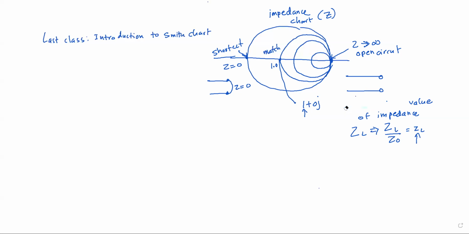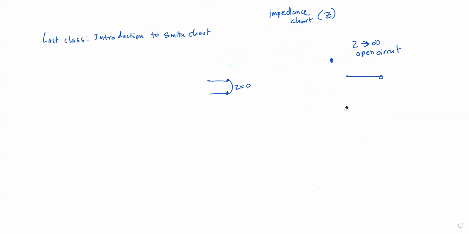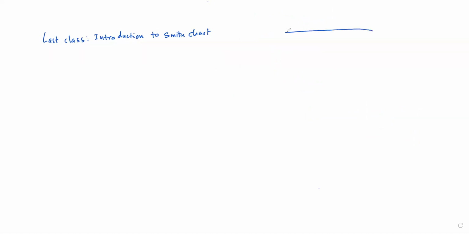Once we have very complex loads, sometimes we might not be able to easily match our load to the transmission line. If we take, for example, a microstrip antenna.